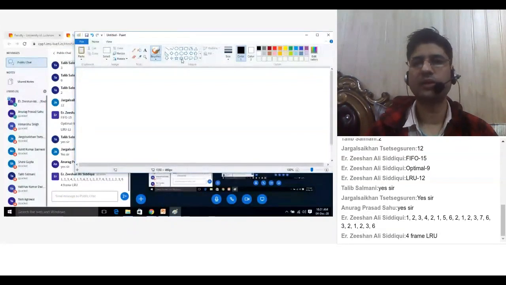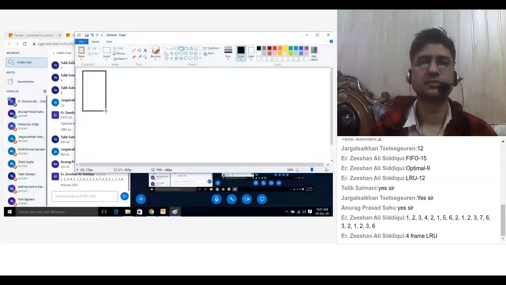Four frames for LRU. Have you solved it?